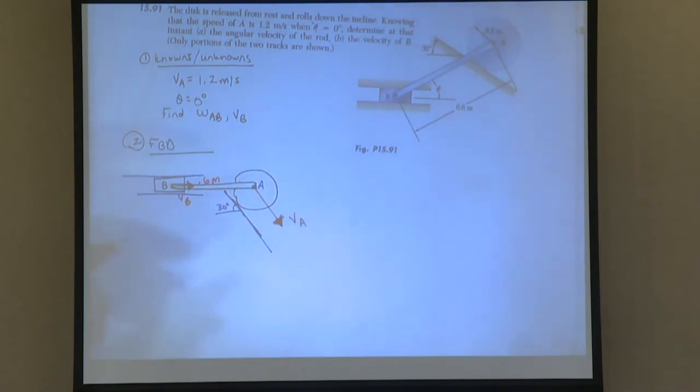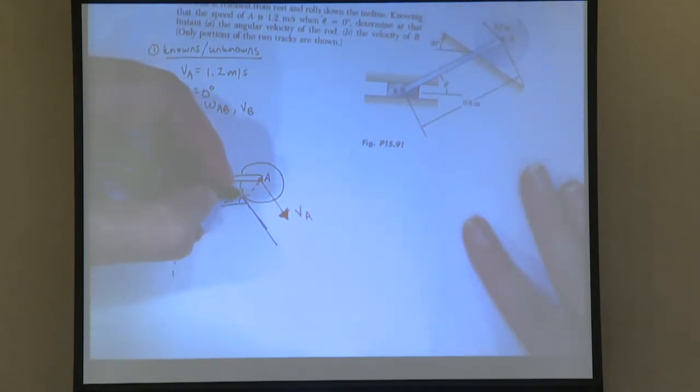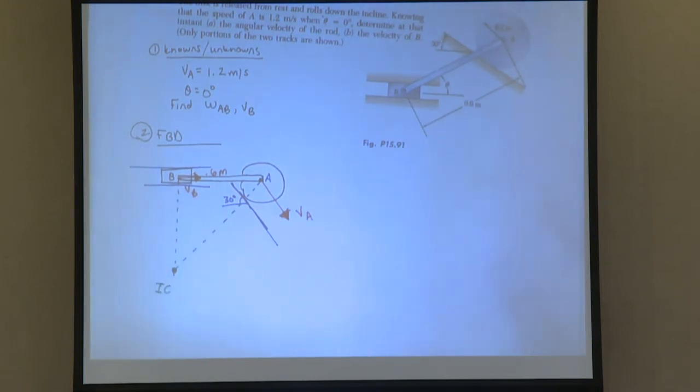So for instantaneous center, what we do is we draw lines that are perpendicular to the tail of the velocity vectors. So there's for B. And there's for A. And so where they combine, that is your instantaneous center.